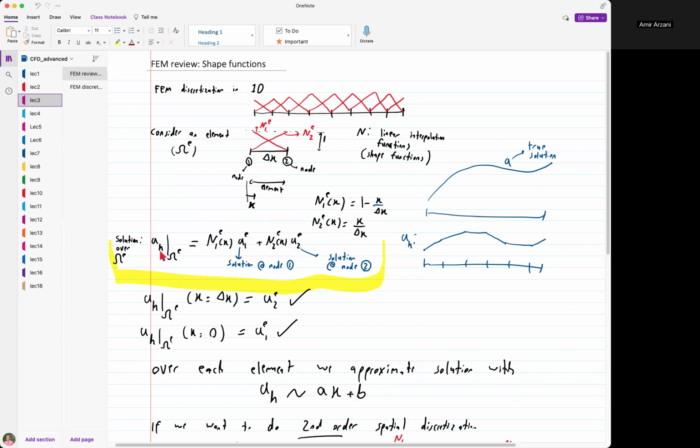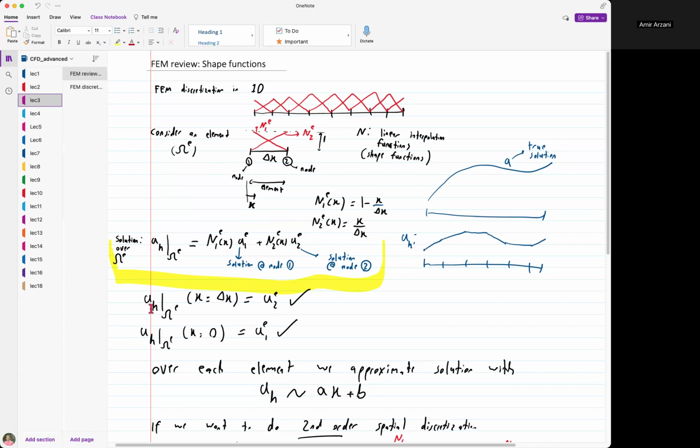Now, if you look at this u sub h, I use the subscript h to indicate that now I'm in a discretized space, where h represents the mesh size. So when I write u sub h, I mean the discretized solution, but if I just write u, I mean the actual continuous solution.